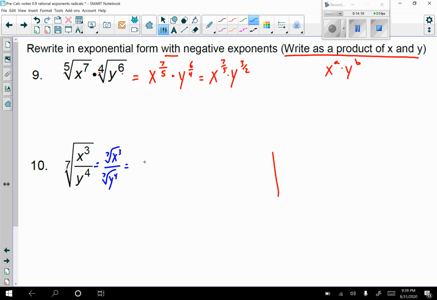So let's see, the x, that's to the 3rd power, 7th root. And let's just think about this y. The only difference is on the bottom. So that's going to be times y. If it's on the bottom, it has a negative exponent. That's what sent it there. 4th power 7th root. There we have our product of x and y, 2 powers that describe that same fraction.